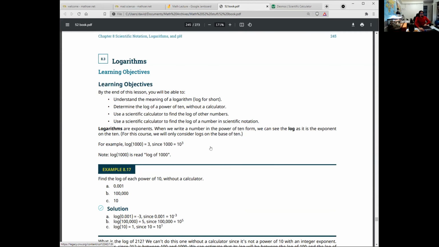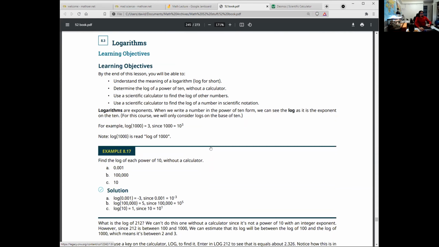Okay, logarithms, they're saying, what is a logarithm? It says they are exponents. That's sort of true, but not really. I would think about them as decimal point scoots. The angry chemist tells you about that.